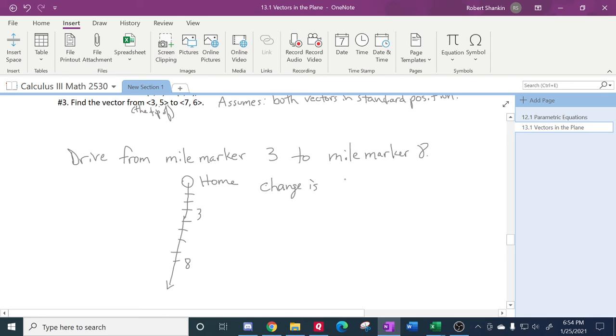Now, if you want to get the sign correct, you have to put the destination minus the start position.